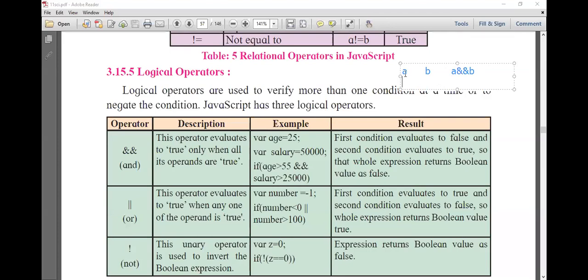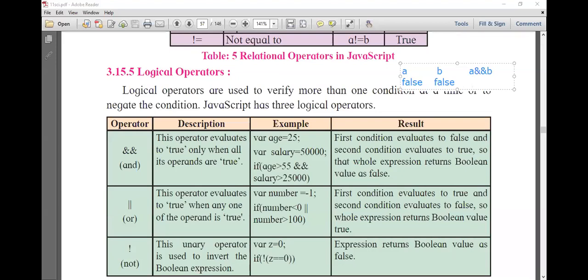Now if we evaluate expression A and you are getting answer false, and after evaluating expression B you are getting answer false, then A and B will be true or false?